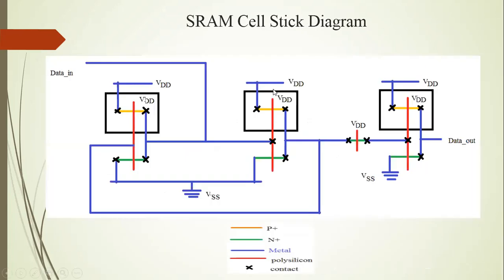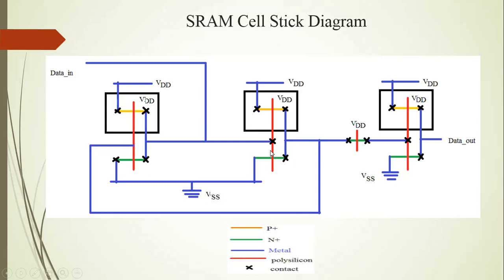Now the layout of this SRAM cell. See, in this inverter the N well contains P plus material. This is the source terminal, VDD supply, and the drain terminal is connected to the drain terminal of the N channel MOSFET. The N channel MOSFET source terminal is connected to the ground. Here in another inverter, N well with P plus material, the source terminal of the P channel MOSFET is VDD supply, and the drain terminal is connected to the drain terminal of the NMOS transistor.